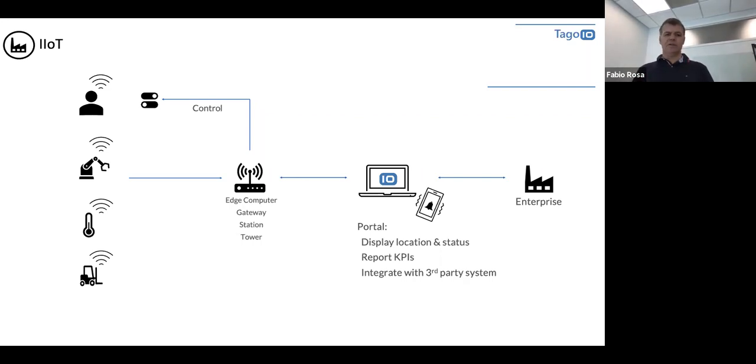In other cases, we may have some edge computer in the middle, right? This computer is going to do at least some kind of processing, so that if there is any disconnection, any problem, or just because of maybe cost reasons, it's not necessary to have this data on the cloud to make a decision.